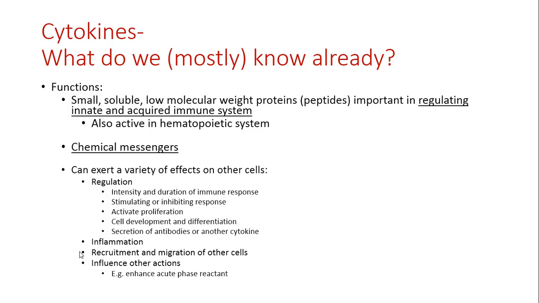We are going to see how it can really influence other actions today. We haven't spent a lot of time on this yet, but we'll spend more time on it today, and really that there are some cytokines that will influence, for example, enhancing of an acute phase reactant within the innate immune system.